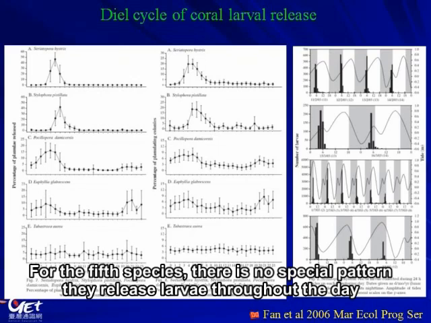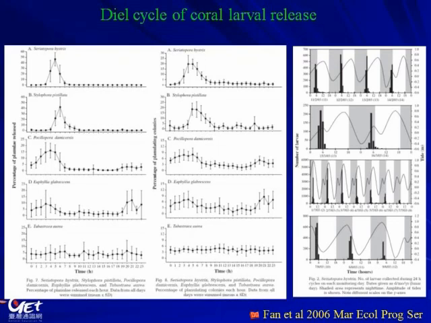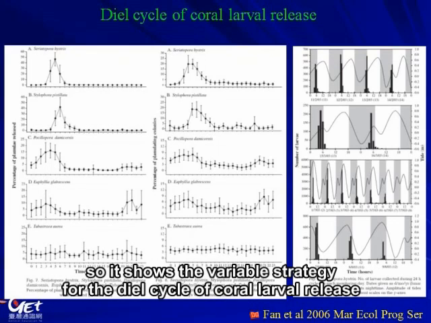And the fifth species has no specific pattern. They release larvae throughout the day. So it shows the variable strategies for the diel cycle of coral larva release.